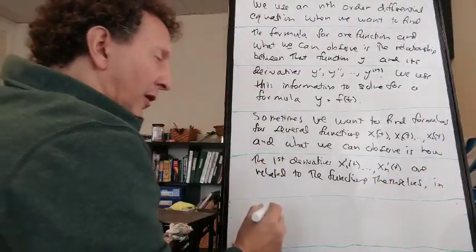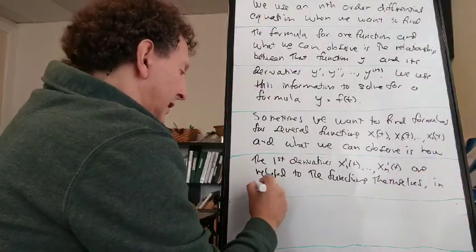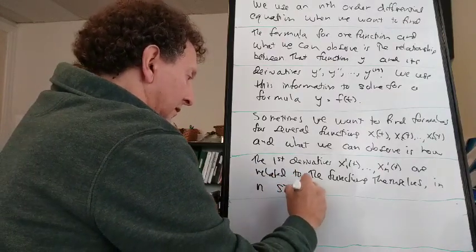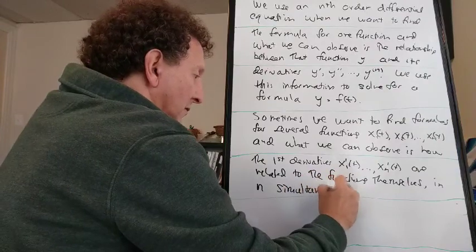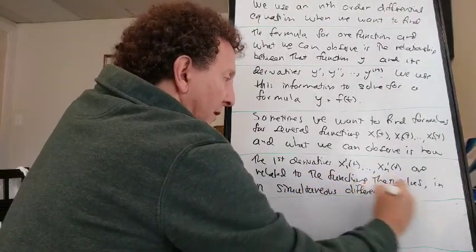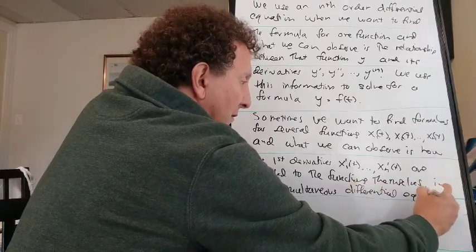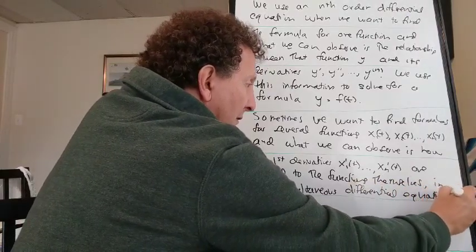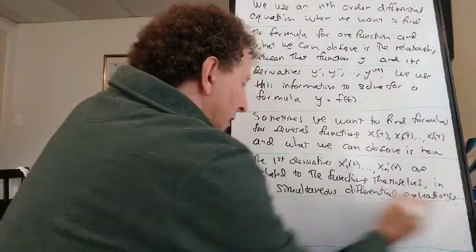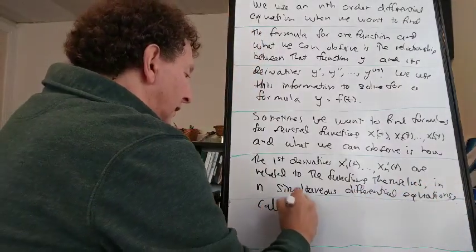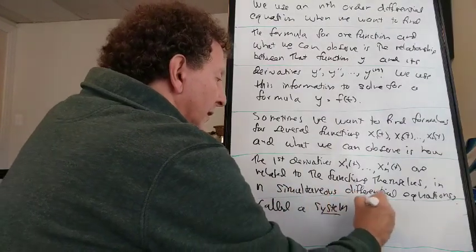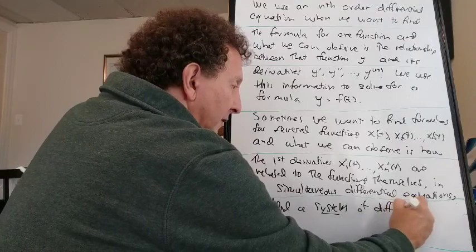And this relationship often appears in n simultaneous differential equations, called a system of differential equations.